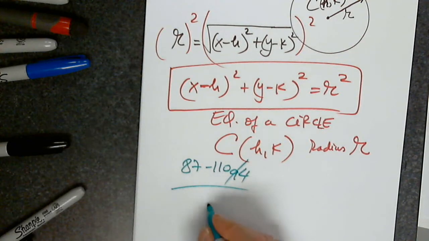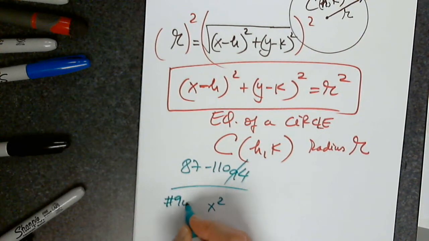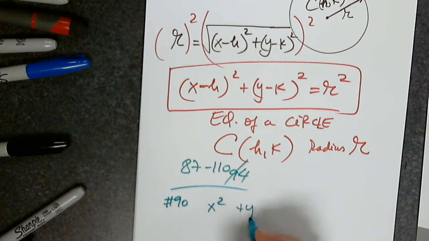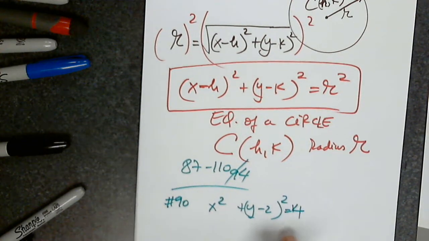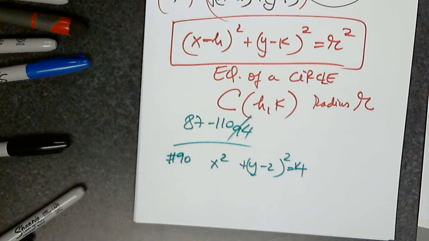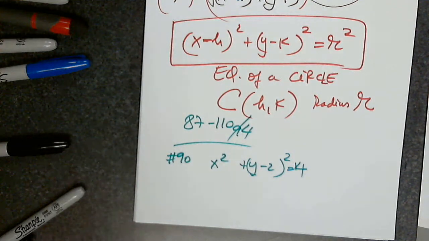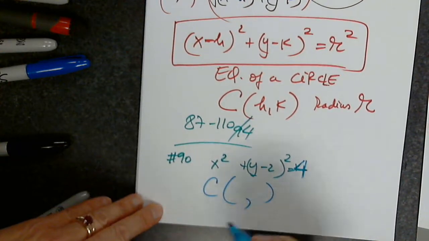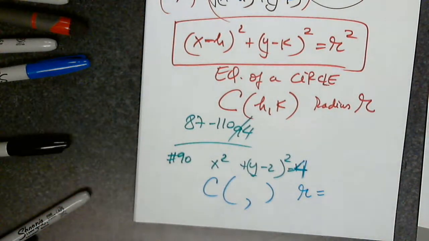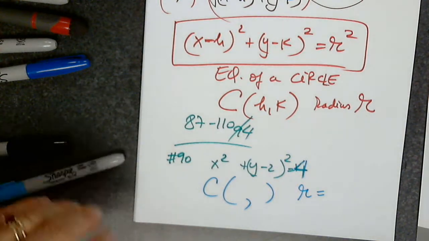So let's say I want x squared plus y minus 2 squared equals 4. That's problem 90. You can choose the next one. So can anyone identify the center and the radius? And once you have that, then we will graph it. What is the center?